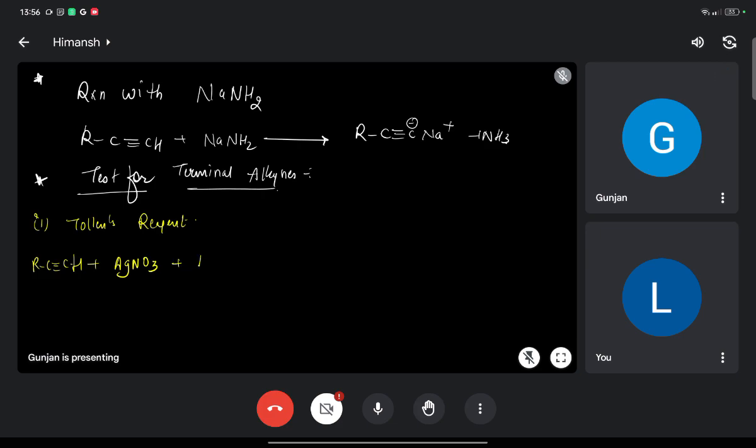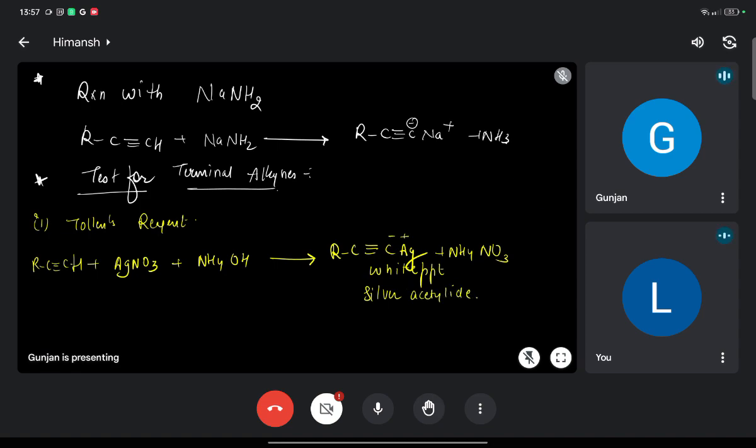so what will happen? Ammonium nitrate NH4NO3 will be formed. This is a white precipitate of silver acetylide.